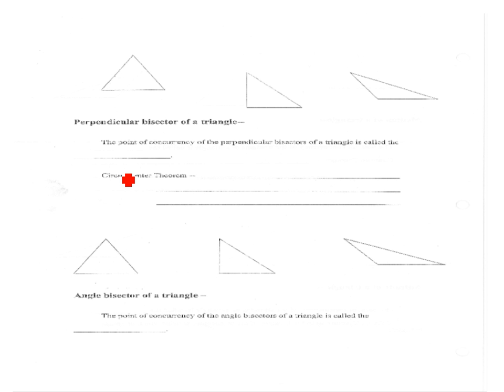So if we go back here, my stuff got erased. Again, perpendicular bisector bisects and is perpendicular to a side of a triangle. The point of concurrency, where they all come together, is called the circumcenter.